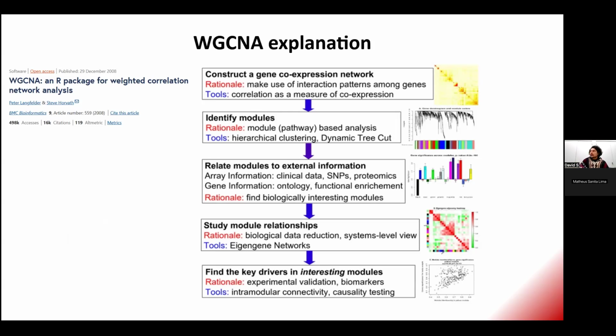So you can overlap this with gene ontology terms and just take all these gene sets, gene modules, and then compare it as much as your imagination allows it, basically.